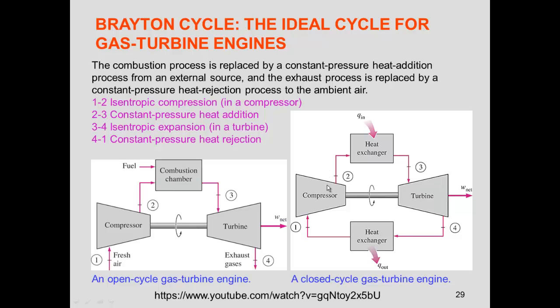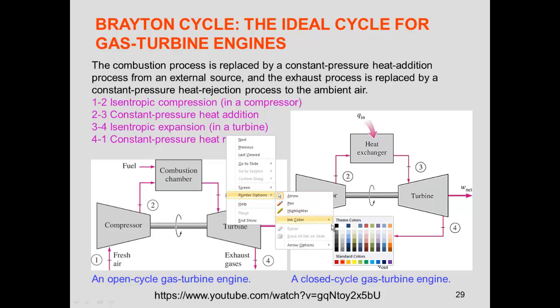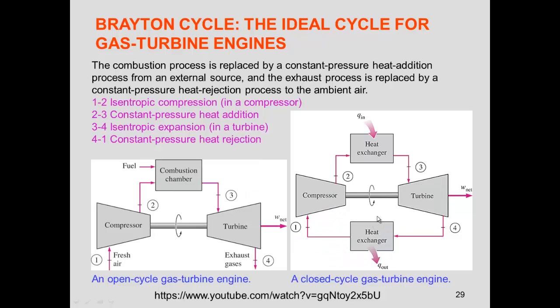We're going to discuss that we have 2 main purposes of this cycle. One of them will be power generation, in which I would like to have the highest net work.